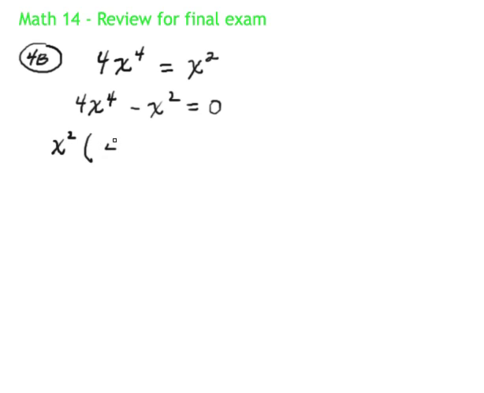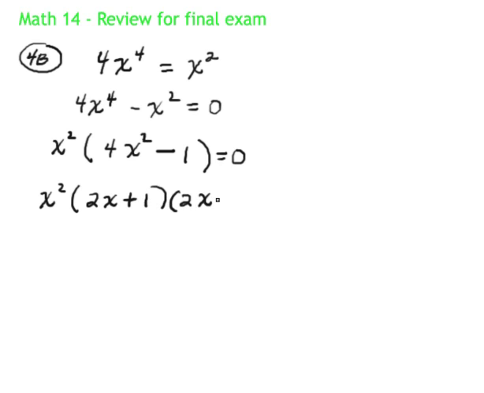So there we have 4x squared minus 1 in parentheses. Now 4x squared minus 1, notice that's a difference of two squares. That's 2x plus 1 times 2x minus 1.